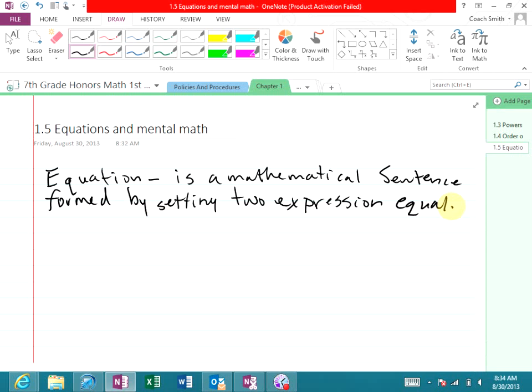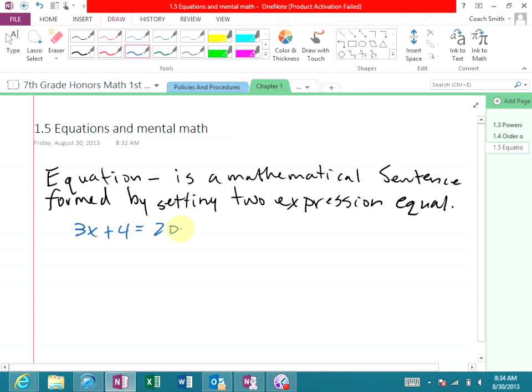Okay? For example, this could be an equation. You could have 3x plus 4 equal 20. The two expressions there are 3x plus 4 and 20. With an equation, there's always a left and a right side.